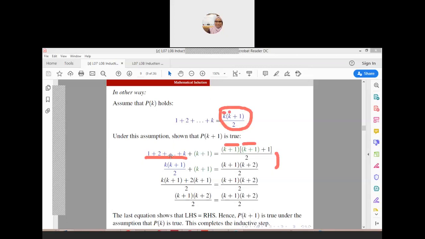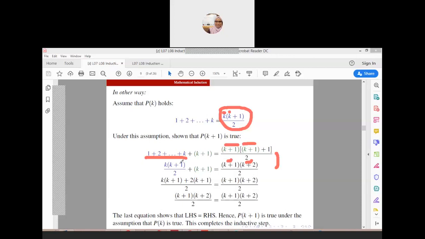Just replace 1 plus 2 plus dot dot dot plus k with this. Just put it here, then just rewrite k plus 1 beside it. Here we solve this equation, we get k plus 1, then k plus 1 plus 1, we get k plus 2, divided by 2.